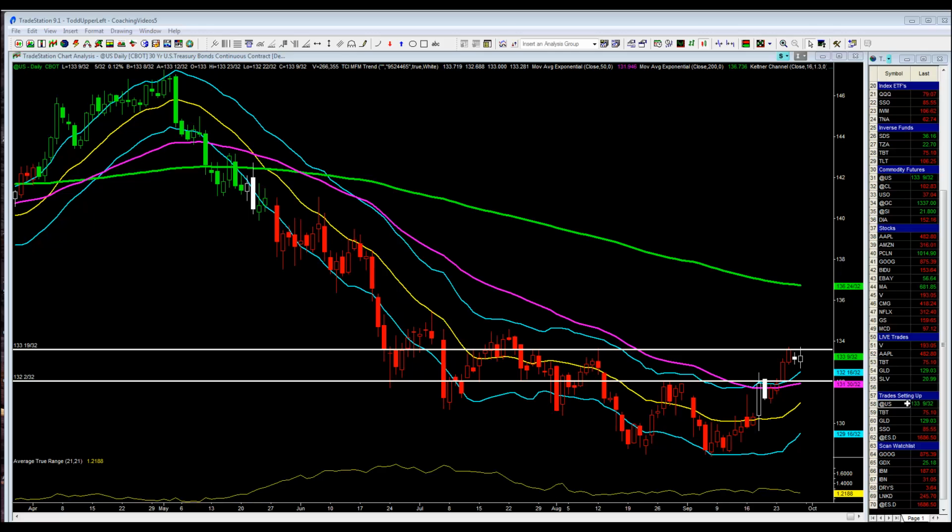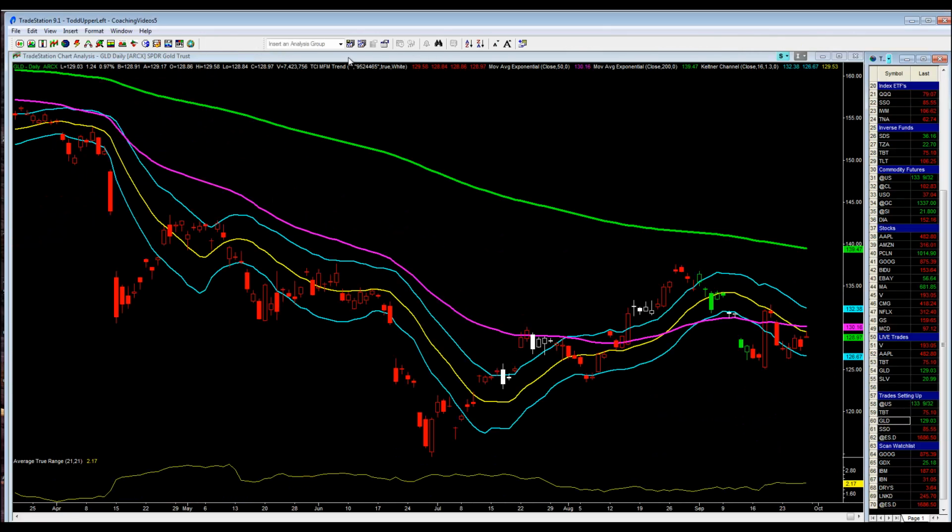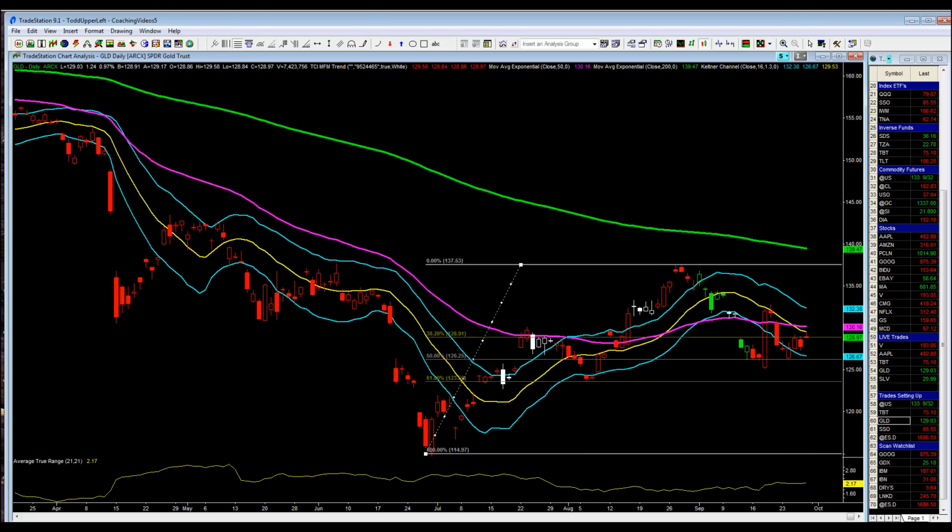Let's take a look at gold real quick. Okay, gold. We've made a nice bounce from this low, so I'm going to measure from low to high, right? And look at this, we're sitting at the 50% retracement here. I think this low is a critical low.